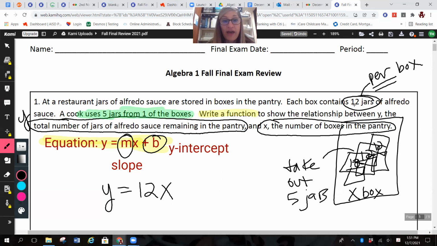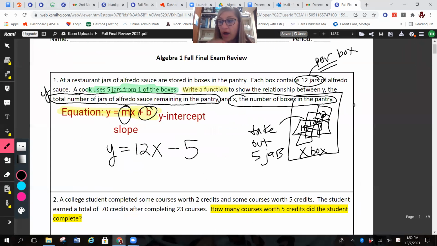All right, well, that's my y-intercept. I'm going to take out, which means I'm subtracting 5 jars from the pantry. And that is your function. y equals 12 jars per box, taking away 5 jars.